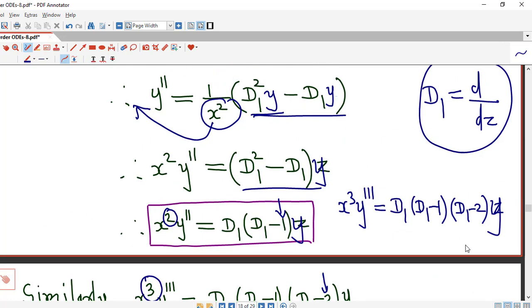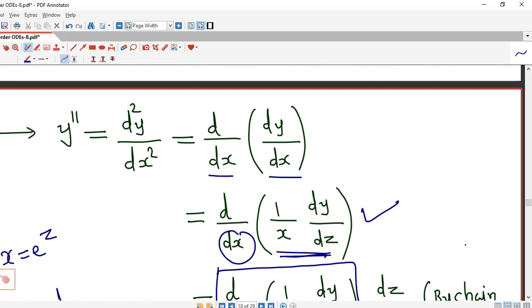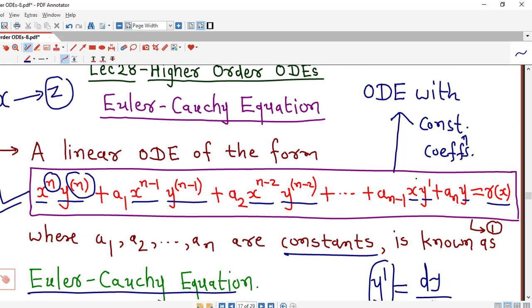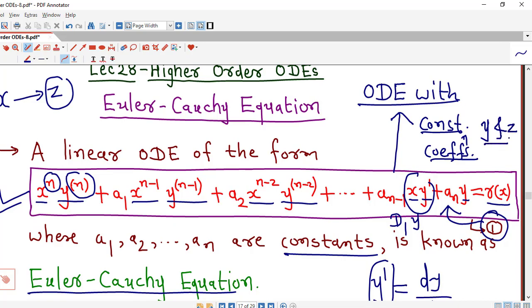So if we substitute all these things in equation 1, x into y dash will be equal to D1 into y, x square into y double dash will be equal to D1 into D1 minus 1 into y. Using all these things, equation 1 will be converted into an ordinary differential equation with constant coefficients in variables y and z.